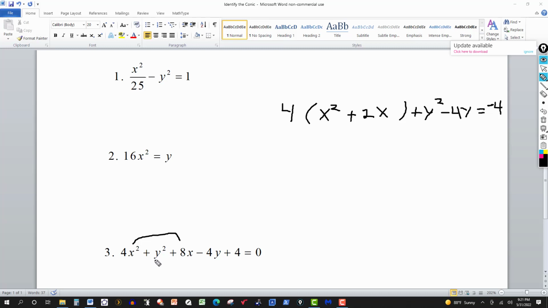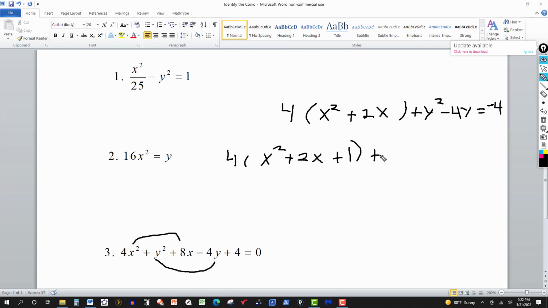Y squared goes with the y term and the x squared with the x term. Then I'm going to complete the square in here. Take half of the 2 and square it. That completes the square. So this will be x squared plus 2x plus 1. I'm adding 1 inside the parentheses there to complete the square.